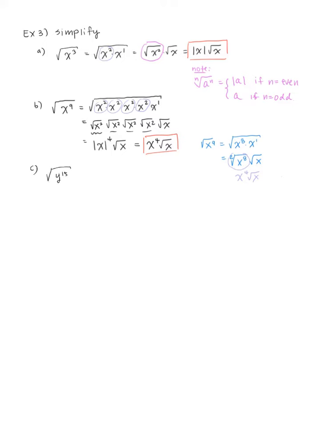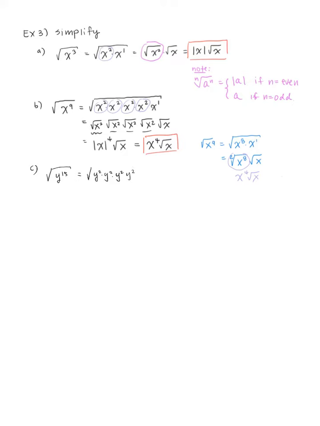Okay. Anyway, so let's look at part C, square root of y to the 15. If I want to do this step by step, I'm going to have to break this down into square root of y squared, y squared, y squared, y squared.